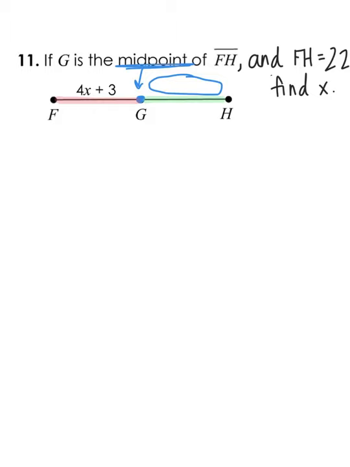The rest of the problem says if FH equals 22, so if the whole line segment equals 22, solve for x. So remember, if the whole thing is 22, that's our total. So the total length of the line segment is 22. I do have 4x plus 3.